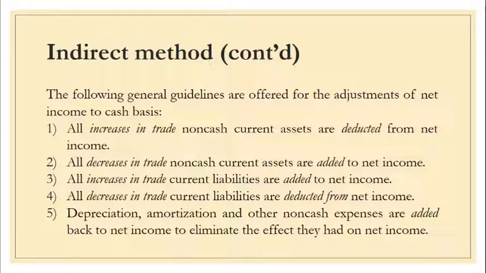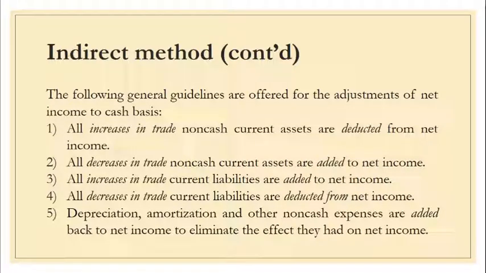Now, number 3, all increases in trade current liabilities are added to net income. All decreases in trade current liabilities are deducted from net income. So, these first 4 you will understand later on with an example. Number 5, I already mentioned this one. Depreciation, amortization, and other non-cash expenses are added back to your net income to eliminate the effect that they had on net income.